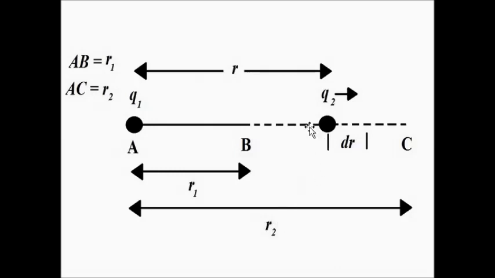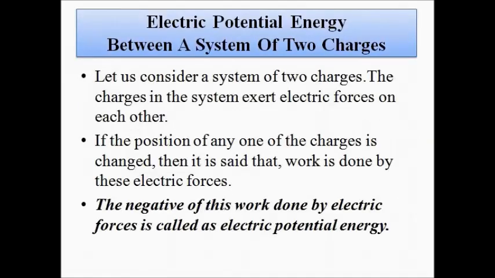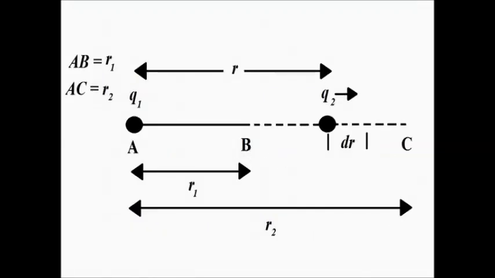When we have two charges present with a certain separation between them, there will be an electric force acting on one another. As per Coulomb's law, 1 by 4 pi epsilon 0 q1 q2 by r square, where r is the separation. So there will be a Coulombic force between the two charges. Now Q1 is fixed but Q2 is movable.